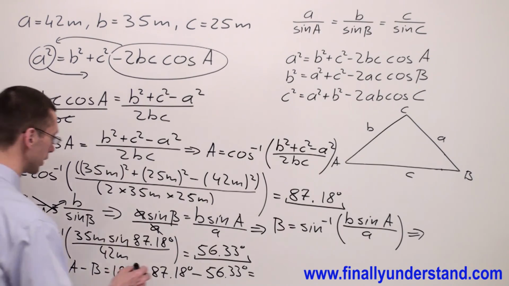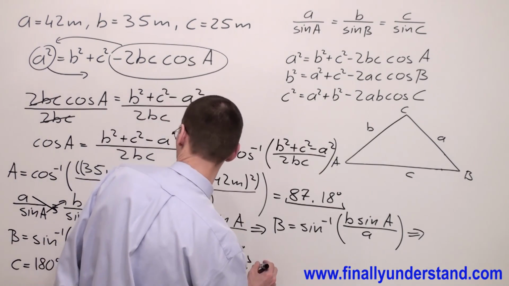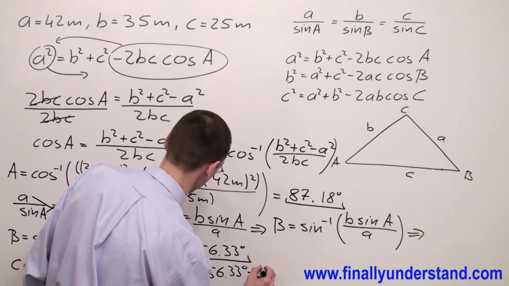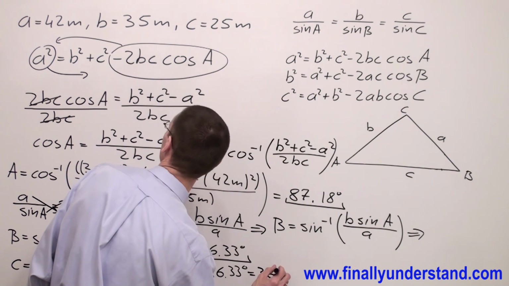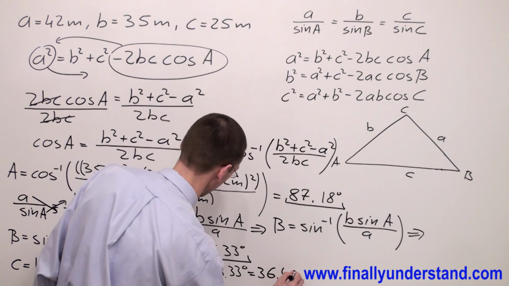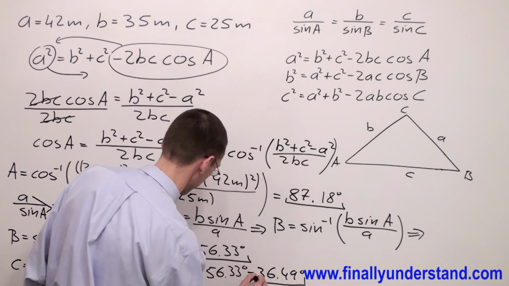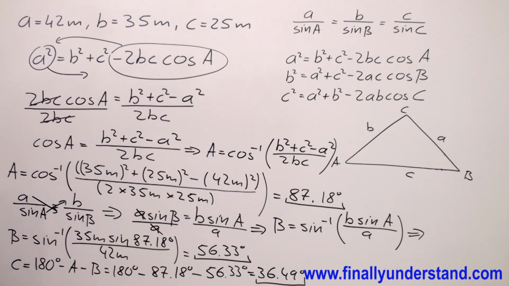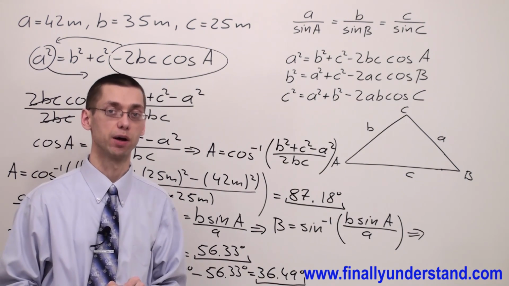Okay, use the calculator and you can get the value 36.49 degrees. Okay, so we found three angles, three sides were given, so we can say that the problem is solved.